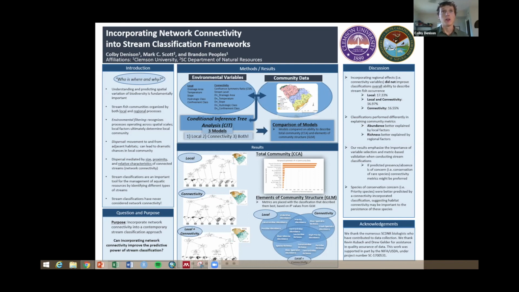And so stream classifications are a really important tool for managing aquatic resources, as they identify different types of streams with different communities. And there's just myriad uses for them. However, they've never considered network connectivity. They've only ever considered local habitat.